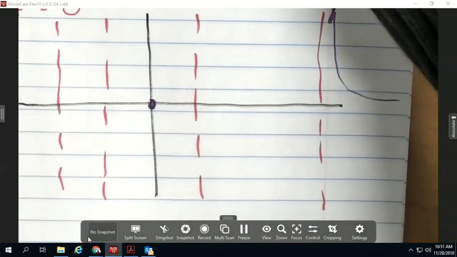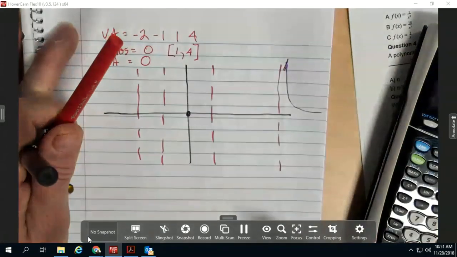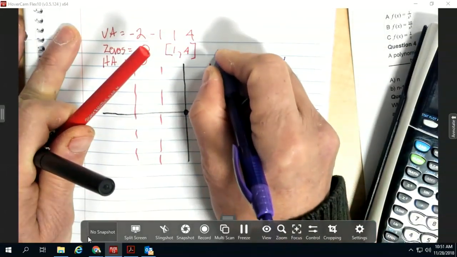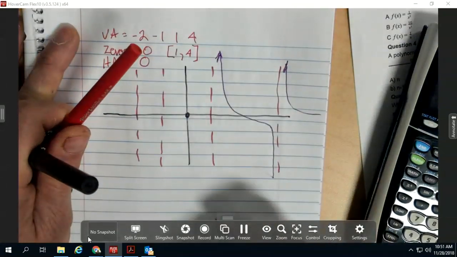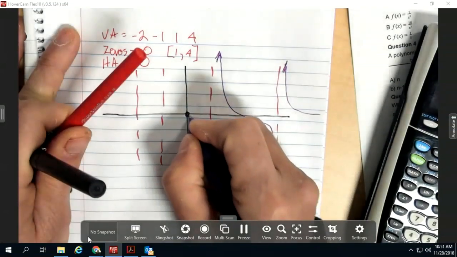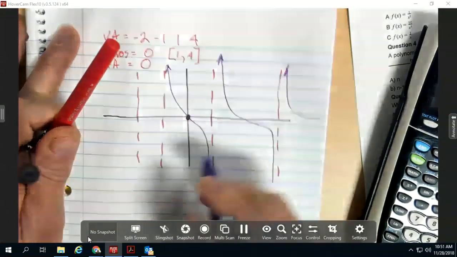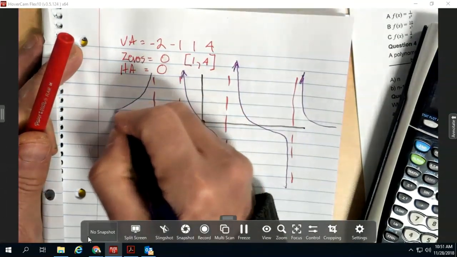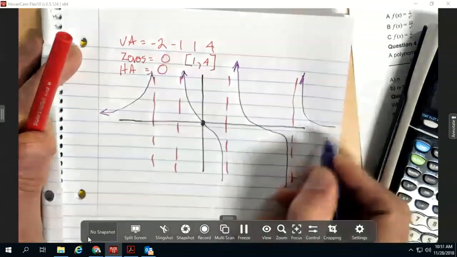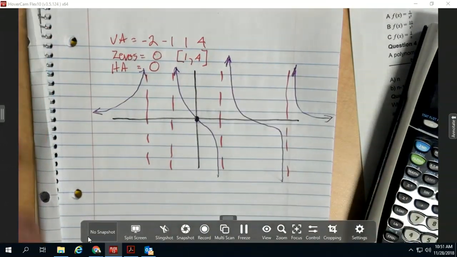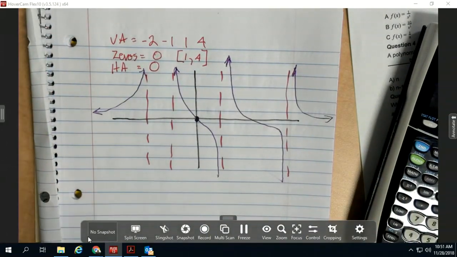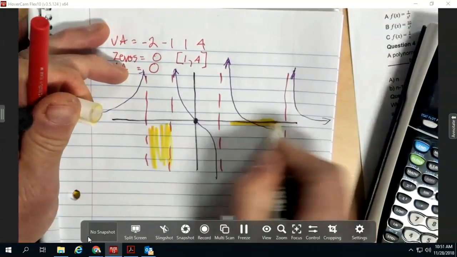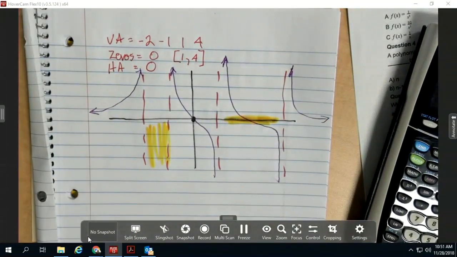Oops, I zoomed in too far. On this side of the asymptote, the graph goes like this, crosses over and goes up. On this side of the asymptote, it does the same thing, goes up. We don't know what happens in this section here, but over here, the graph goes to infinity. So the two parts that we're going to be talking about tomorrow are what happens here and what happens here.